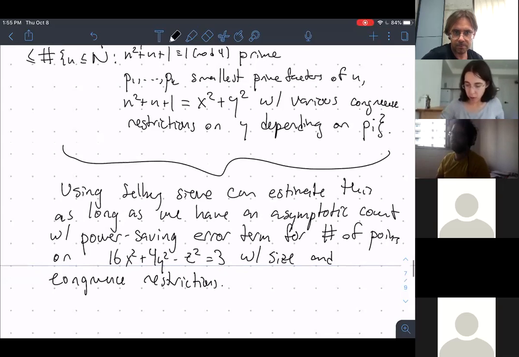And I also prove such a count by modifying this argument of Hooley that I mentioned earlier, but it's a lot more complicated in this situation just because this is not as nice a hyperboloid. Okay, so I think I'm done.